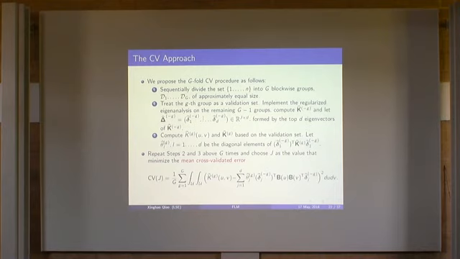Here this is the estimated covariance operator on the validation set, and these are the approximations based on the training data set. So we want to minimize this mean cross-validation error. In practice, everything is functional, so you approximate the function by a vector, and this L2 norm will just be the Frobenius norm for the matrix.